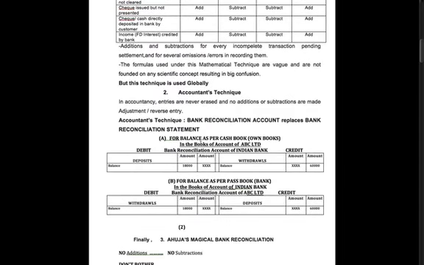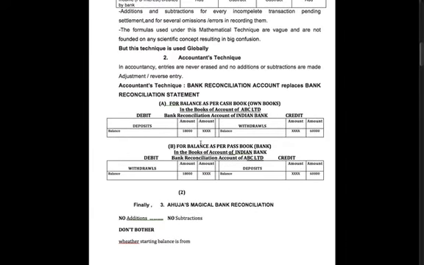So I have devised a new technique, that is the accountant's technique. Under this technique you don't have to make four columns, etc. You don't have to bother whether the starting balance is debit or credit. What you have to understand is whether you have been given the balance as per your own books of account, that means the cash book, or the balance given in the question is from the passbook or the bank statement.